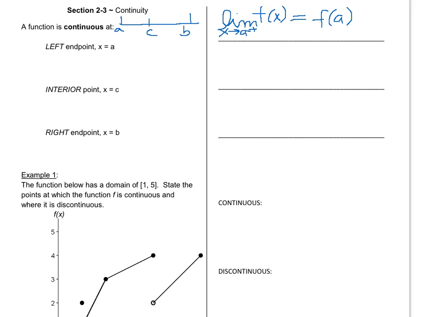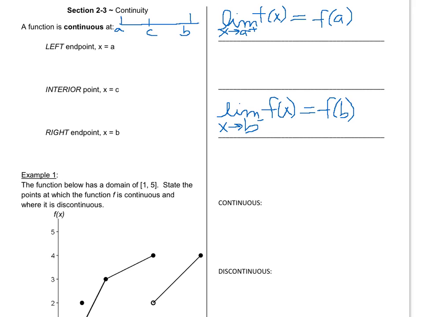Now I'm actually going to skip the interior point at x equals c for just a second and talk about the right endpoint. And this is at x equals b, and as you can imagine, the limit as x approaches b. Now if this is the right endpoint, we can only be approaching this from the left. And don't forget your argument, the function. And in order for a function to be continuous at a right endpoint, the limit has to exist and the function value has to be the same.